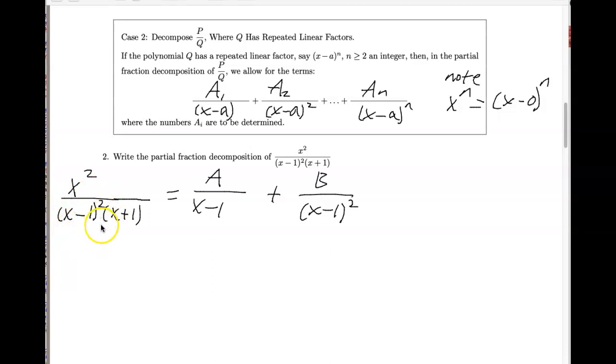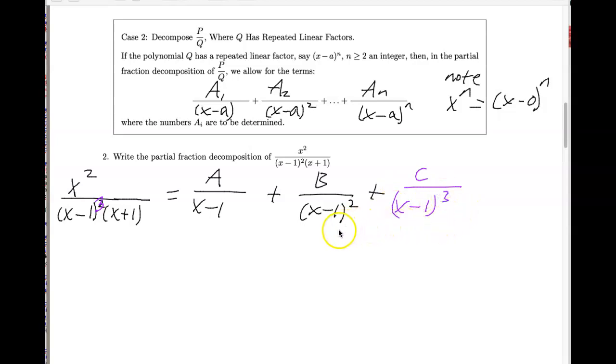The next one is a linear factor that's non-repeated. And so it's just like we saw from case 1, in which case it's plus C over x plus 1. Again, if this had been (x minus 1) to the third, for instance, you would want to have plus C over (x minus 1) to the third.